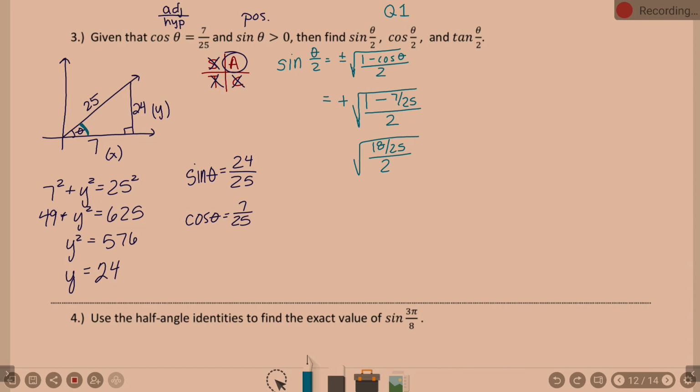How do we do 18/25 divided by 2? Dividing by 2 is dividing with a fraction, multiplying by the reciprocal. So still under the radical, I can say 18/25 instead of dividing by 2, it's multiplying by 1 over 2. Basic fraction stuff. Multiply and reduce, or cross cancel and multiply. Either or.